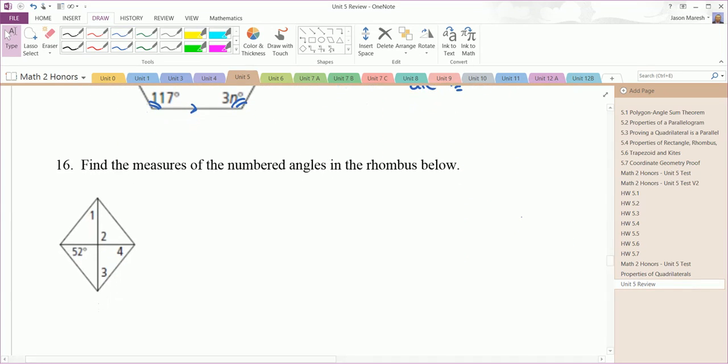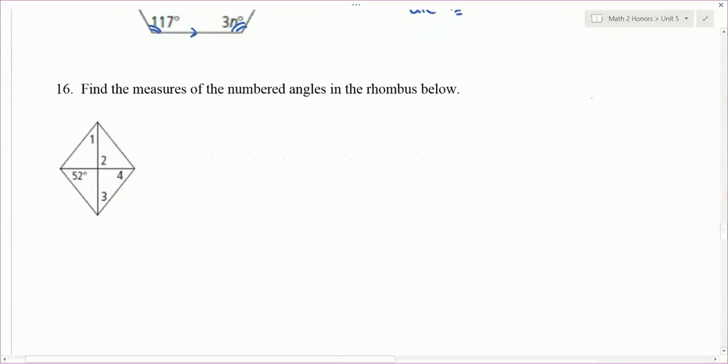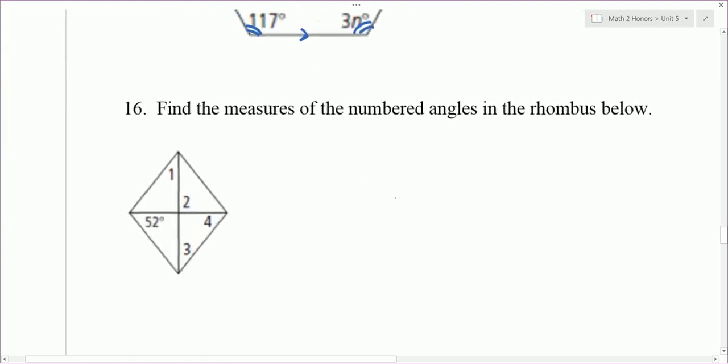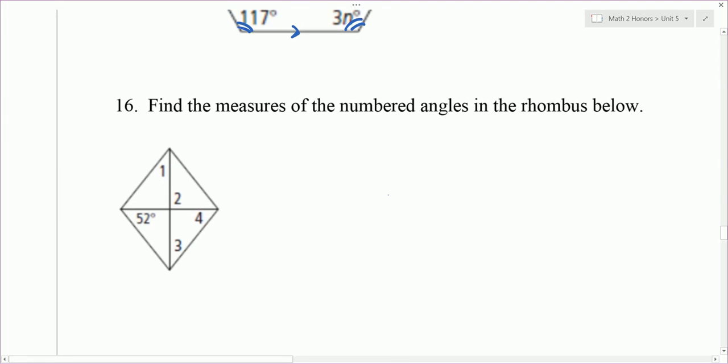16. Find the measures of the numbered angles in the rhombus below. So we're going to have to use a few properties here. First of all, the diagonals in a rhombus are perpendicular. So we have all four sides the same length.